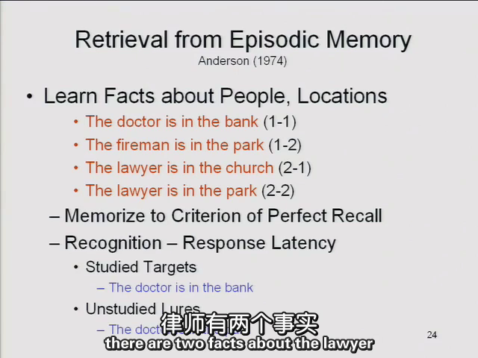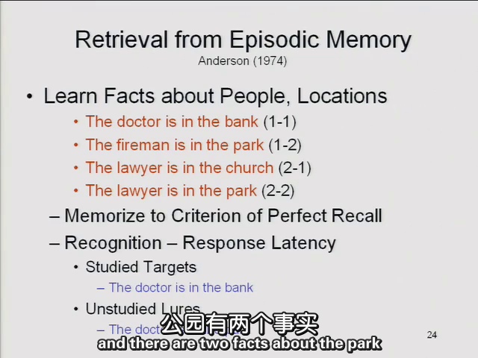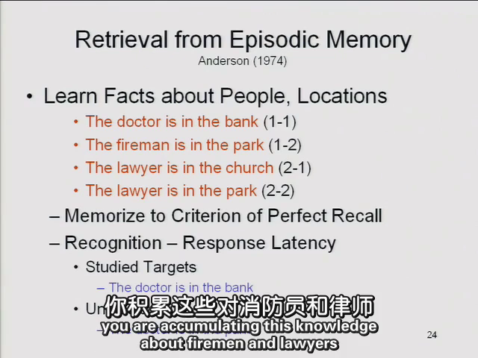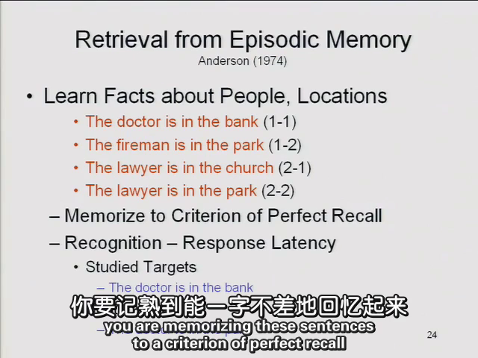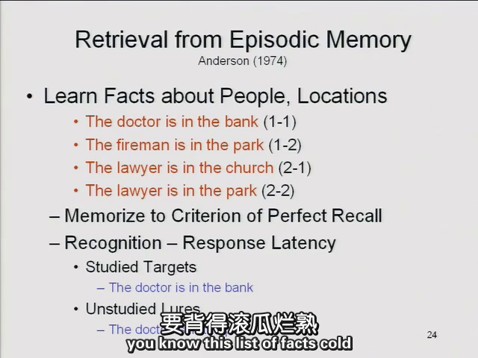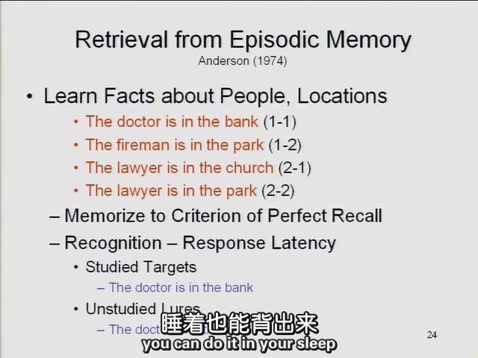There are two facts about the lawyer, and there are two facts about the park. So you're learning these facts, you're accumulating this knowledge about firemen and lawyers and churches and parks. You're memorizing these sentences to a criterion of perfect recall. You know this list of facts cold. You can do it in your sleep.